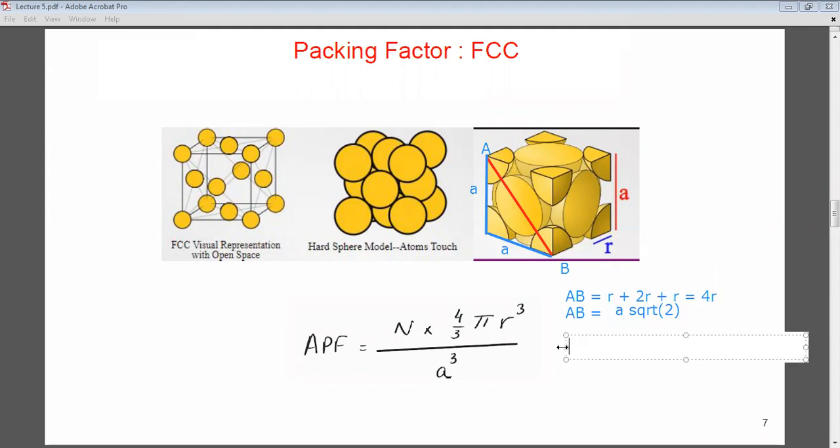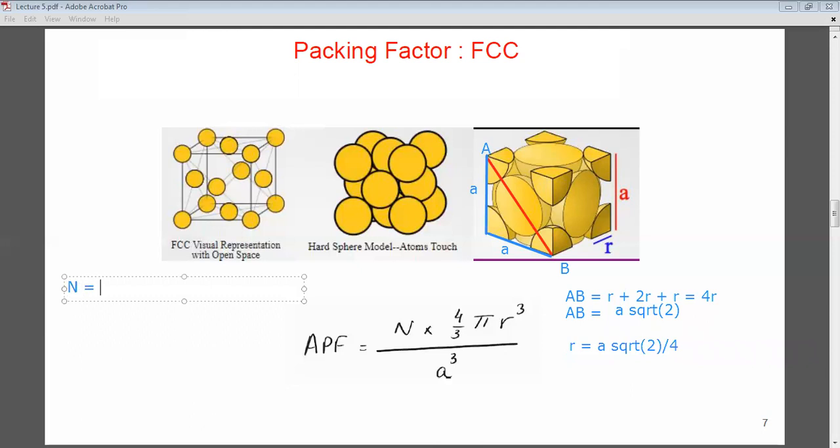So I get that R is A square root of 2 divided by 4, okay? And I also need N. How much is N in the case of an FCC?